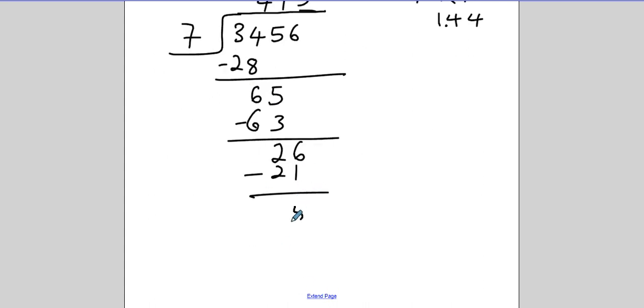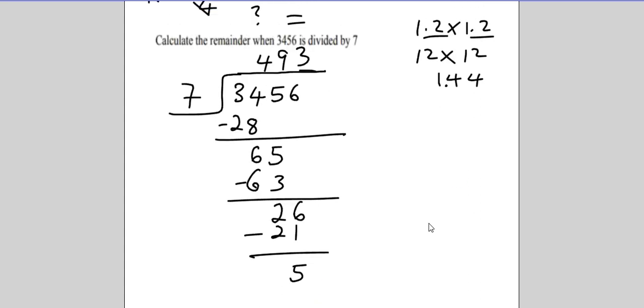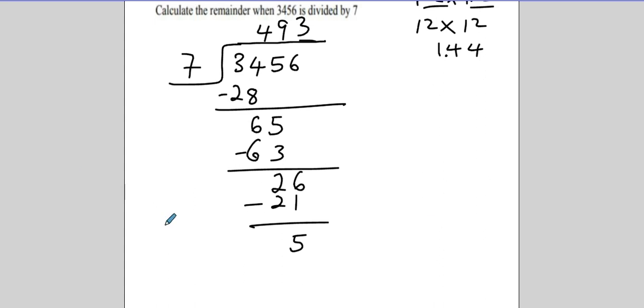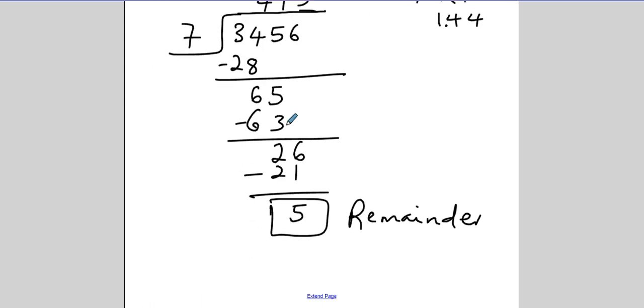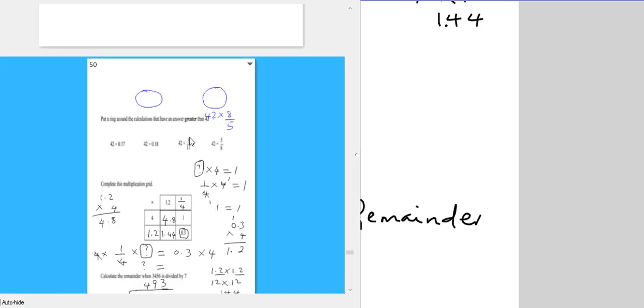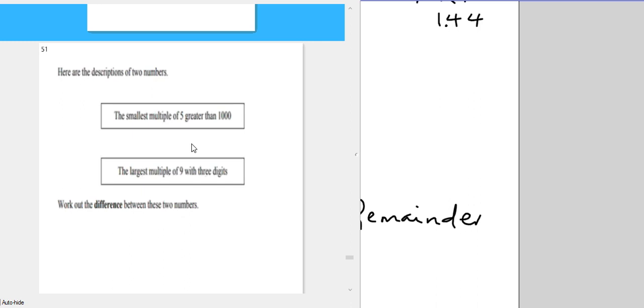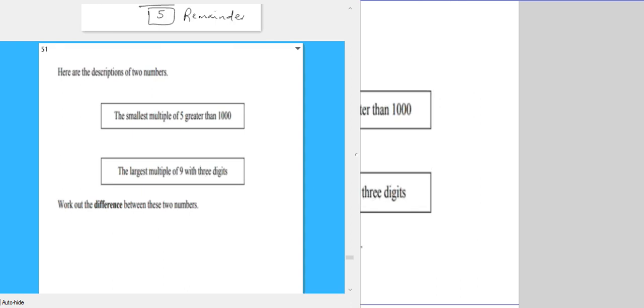Subtract, and you can see that the remainder is 5. See that? Okay, we are done. Calculate the remainder when that is divided by 7. Okay, let's continue.